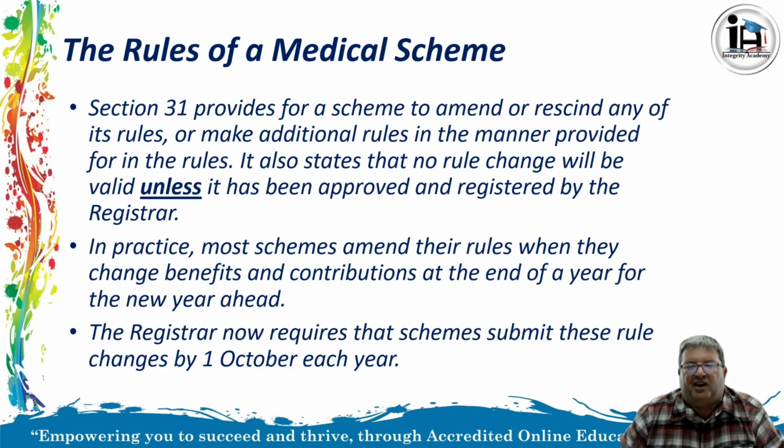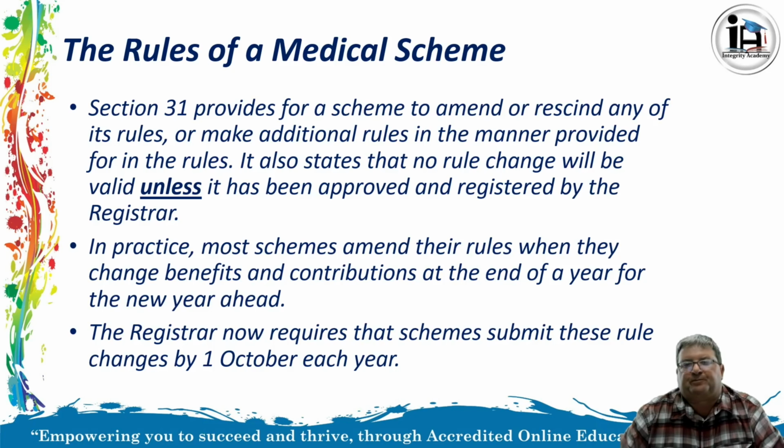Section 31 provides for a scheme to amend or rescind any of its rules or make additional rules in the manner provided for in the rules. It also states that no rule change will be valid unless it has been approved and registered by the registrar.